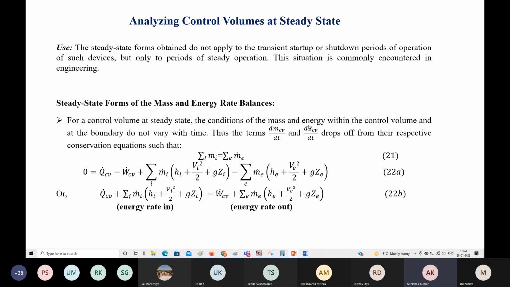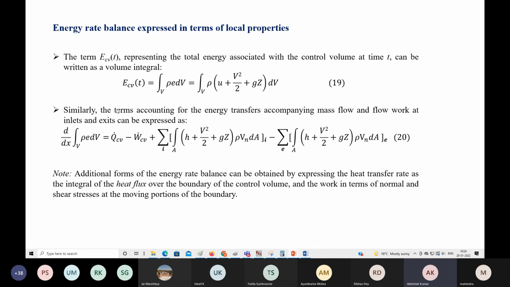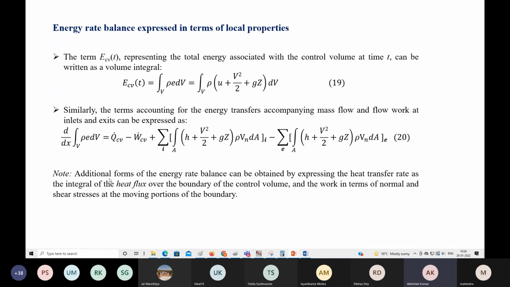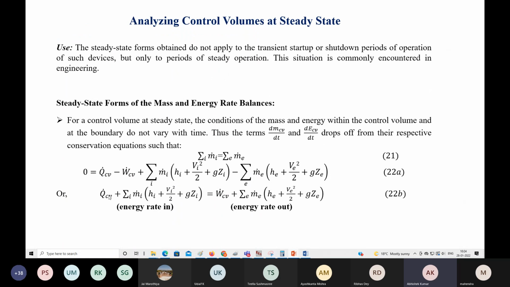In the case of the energy equation, we are considering the control volume energy change equal to 0, as in our previous equation. This term we are equalizing to 0 when it is steady state, and the rest of the things are here only.